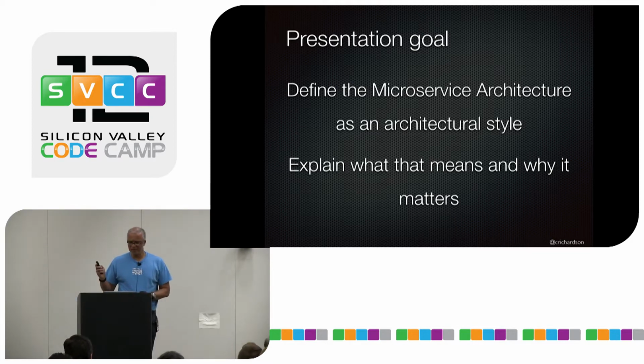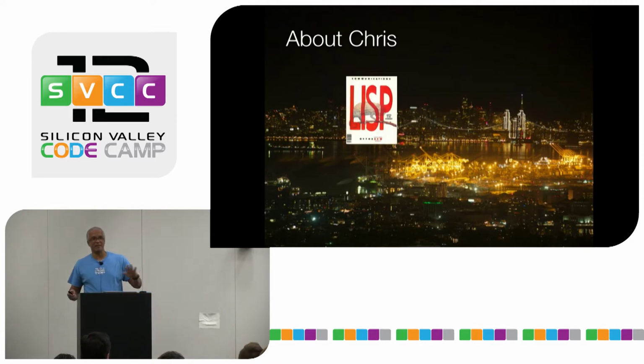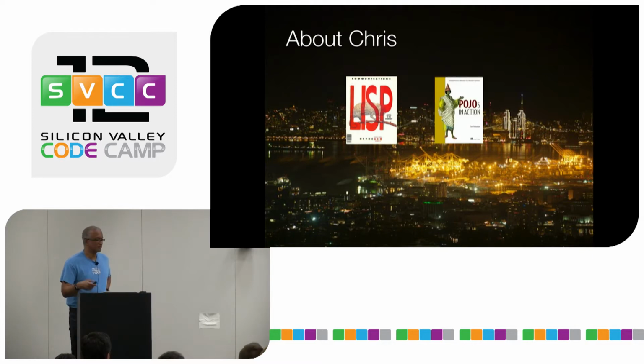But before I talk about that, first a little bit about me. If you don't know me, I got my start in programming almost 30 years ago, building Lisp systems, compilers, runtimes, all that kind of stuff. I eventually programmed in Java. 10 years ago, my book, POJOs in Action, came out. That was all about Spring and Hibernate.